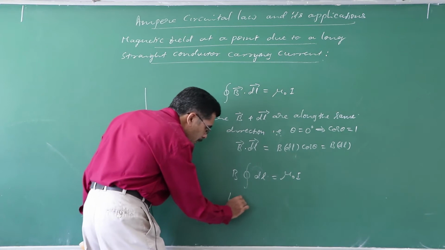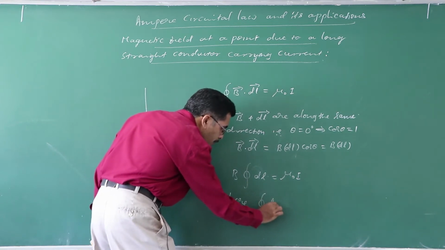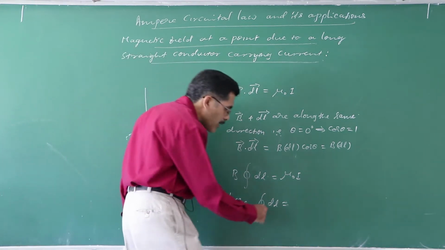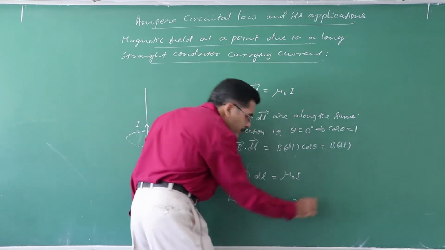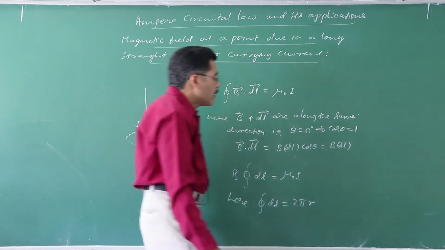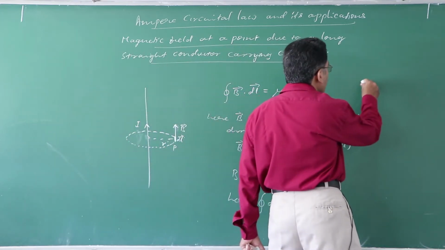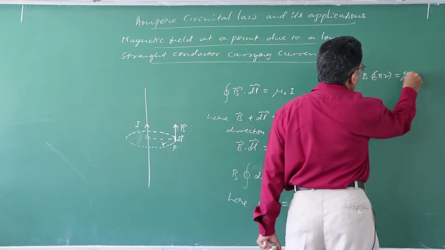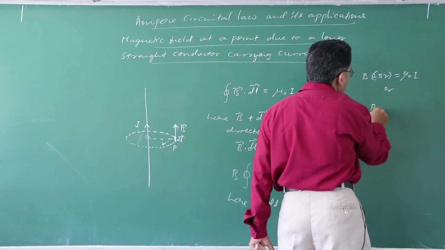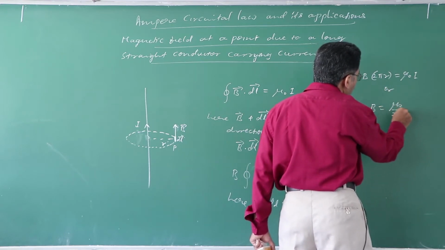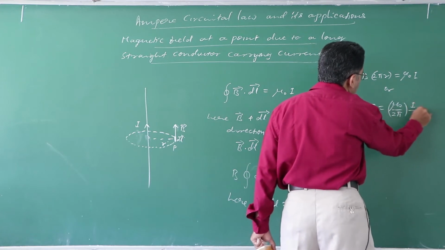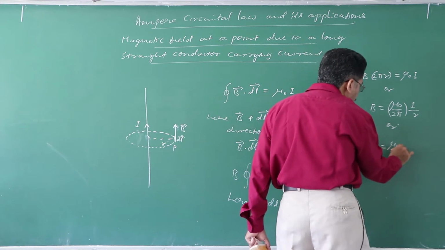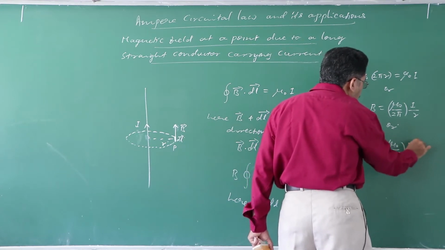When you add all the line elements or length elements, you will get the circumference of the circle, 2 pi r. Therefore you will get B into 2 pi r is equal to mu naught into I, or B is equal to mu naught by 2 pi times I by r, or you can even write it like this: B is equal to mu naught by 4 pi times 2I by r.